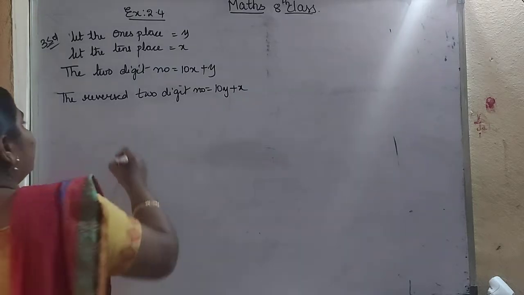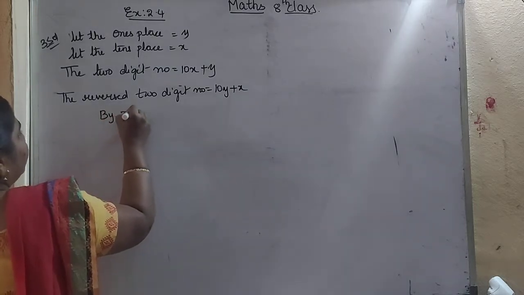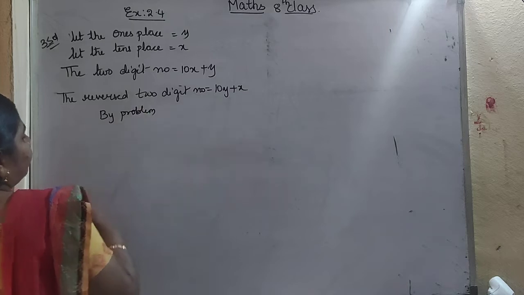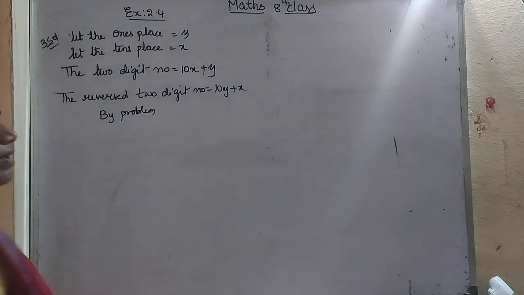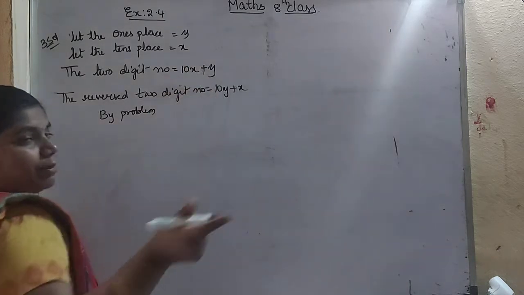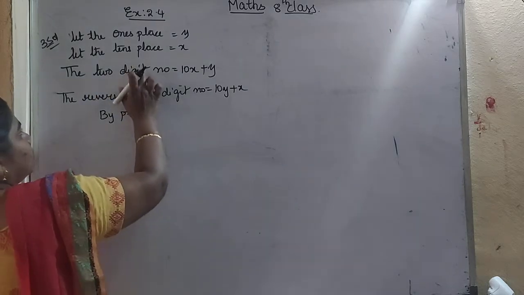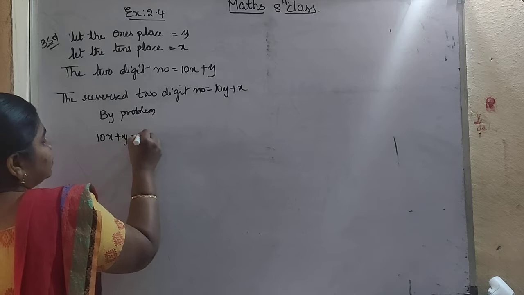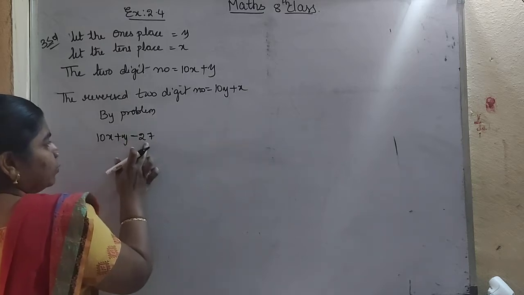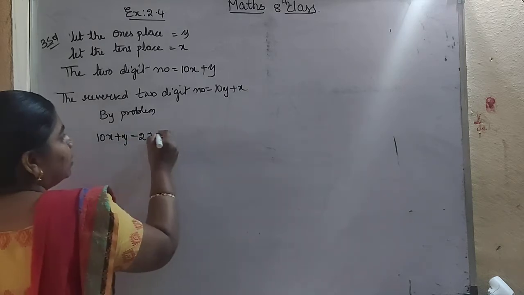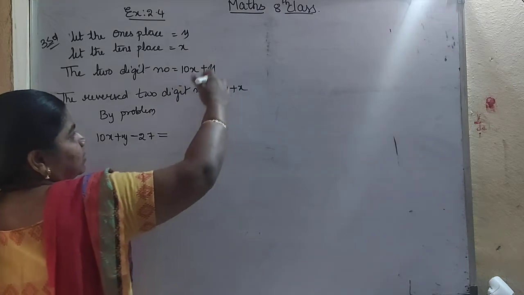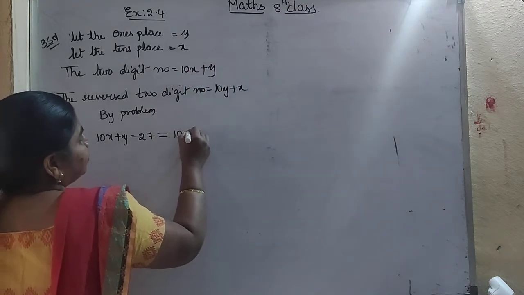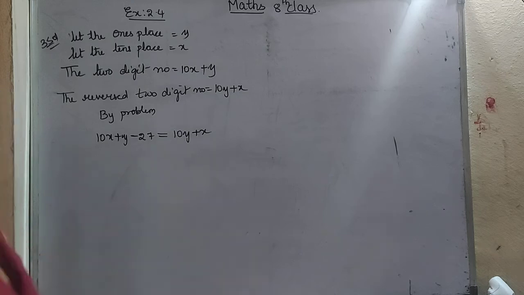Okay, now by the problem we will see. By the problem they told that if 27 is subtracted from a number, that means the original number, this part, that is 10x plus y minus 27. If you are subtracting 27 from the original number, the result will be reversed. The digits will be reversed. That means it will become 10y plus x. Okay.